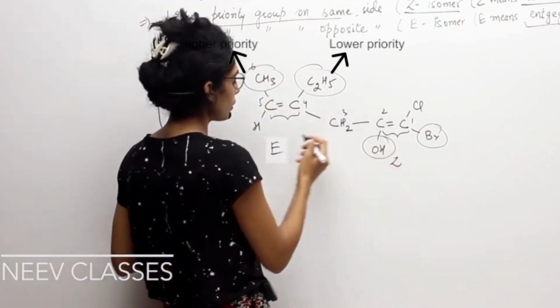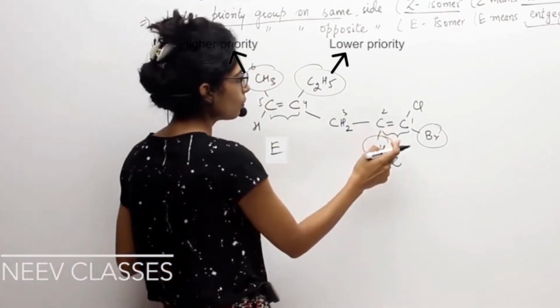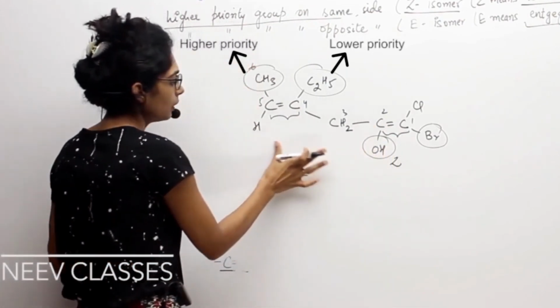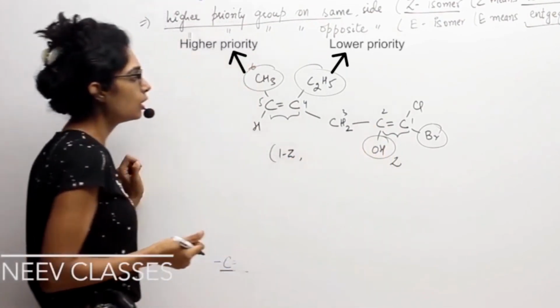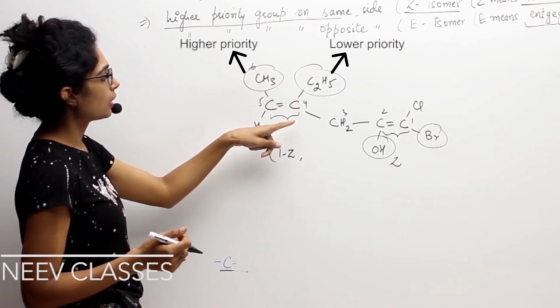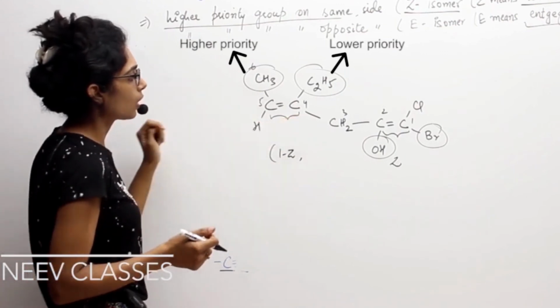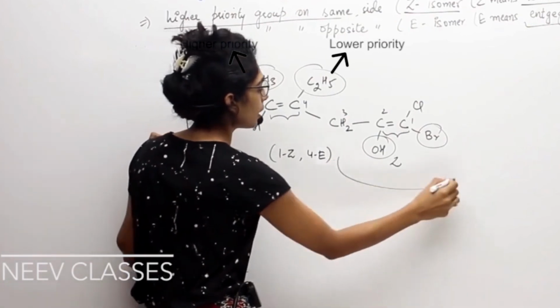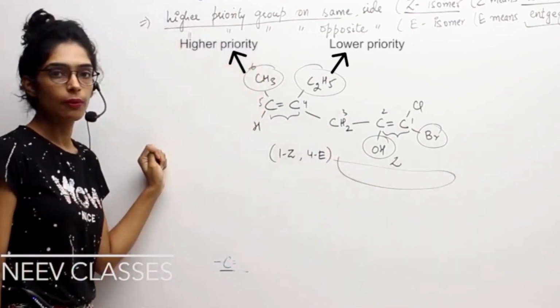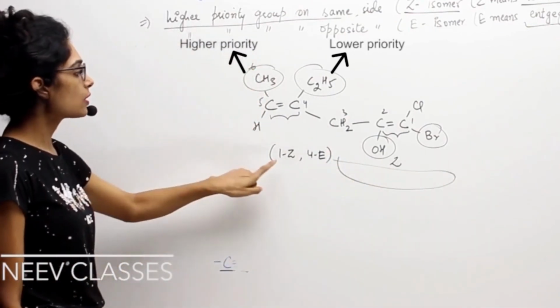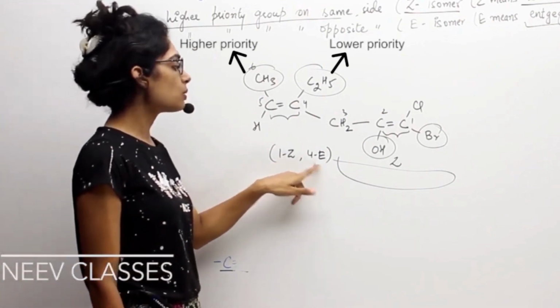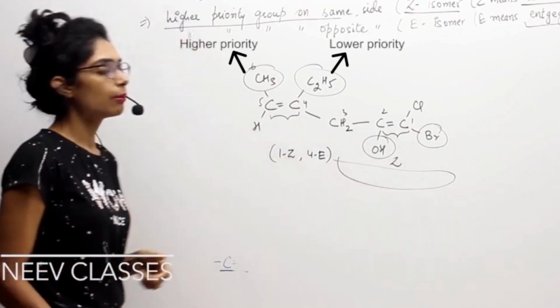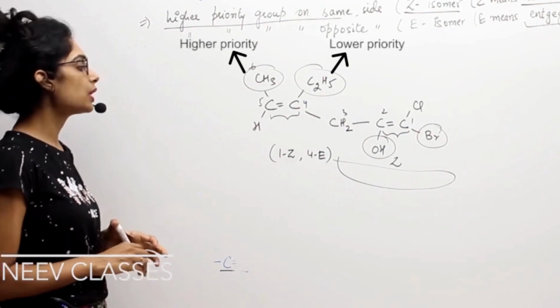So when you name the molecule, you will write, on the first carbon, 1Z, comma. The next double bond is on the fourth carbon. So 4E. And then you will write the name of the whole molecule. Basically, the first double bond is Z and the fourth double bond is E. Then comes the name of the molecule. That's how you will represent E and Z.